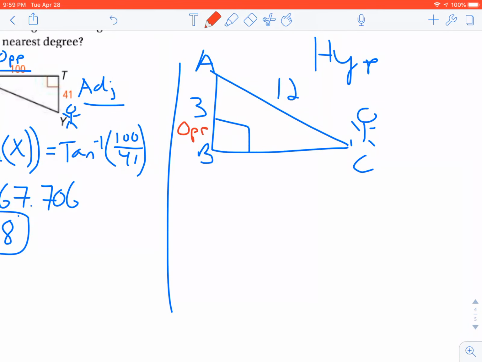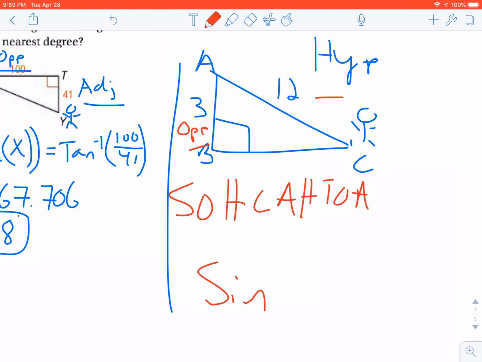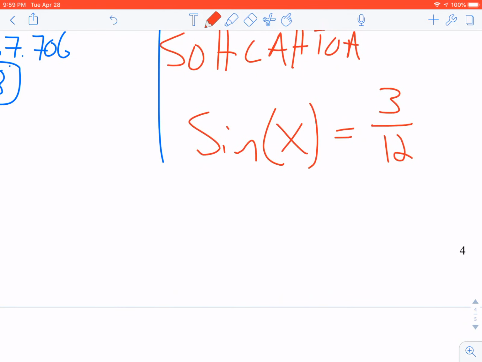So the trig function that I will use is going to be the sine, because it is SOHCAHTOA, which is SOH, and that is opposite and hypotenuse. So I'm going to take the sine of angle x is equal to opposite, which is 3, over hypotenuse, which is 12. Okay, to solve this, I want to undo the sine being done.